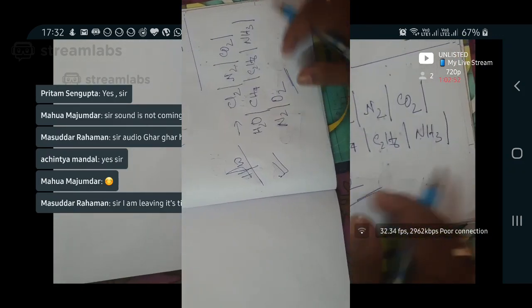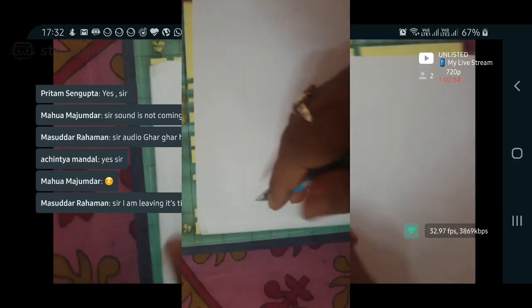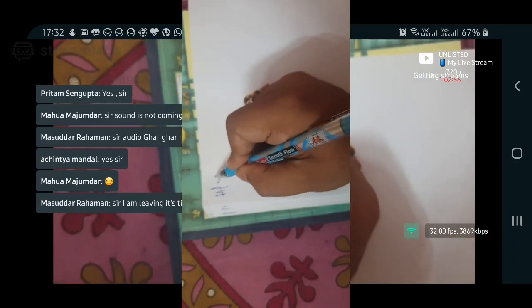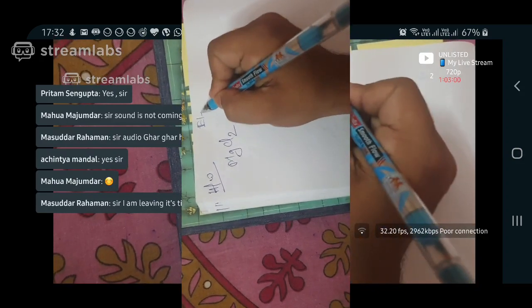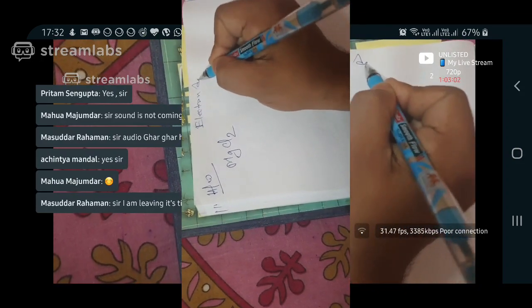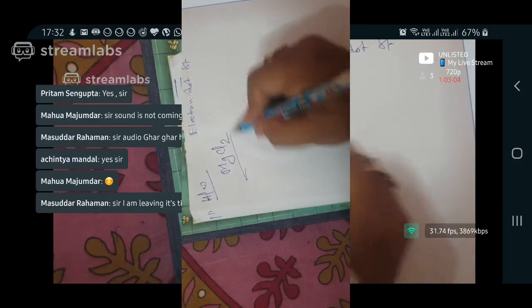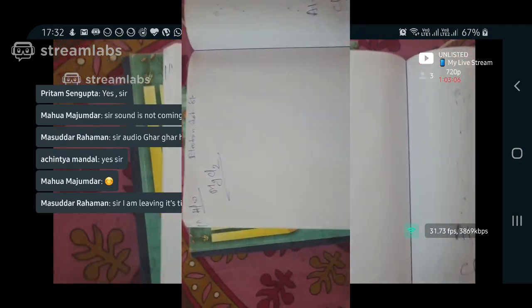And in case of electrovalent compounds, your homework is MgCl2. All electron dot structures you will show.